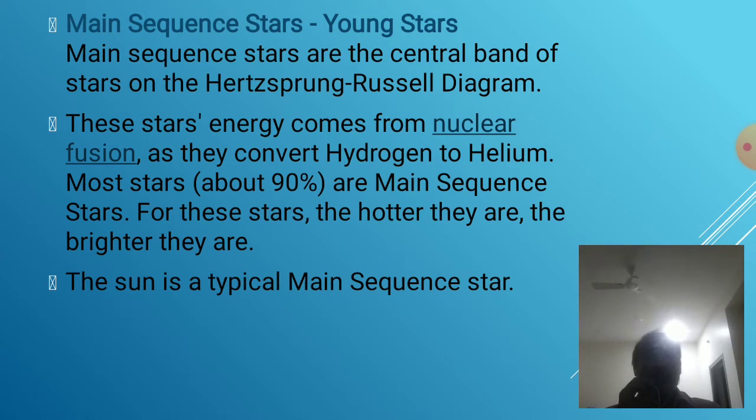These stars' energy comes from nuclear fusion as they convert hydrogen to helium. Most stars, about 90%, are main sequence stars. For these stars, the hotter they are, the brighter they are.